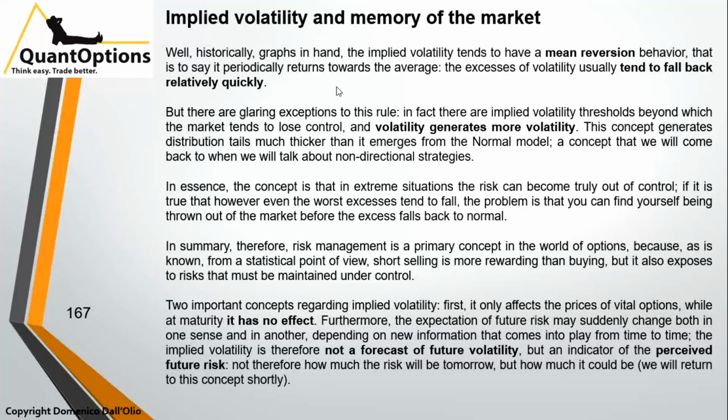The implied volatility is therefore not a forecast of future volatility, but an indicator of the perceived future risk. Not, therefore, how much the risk will be tomorrow, but how much it is expected to be, how much it could be. And we will return to this concept shortly.